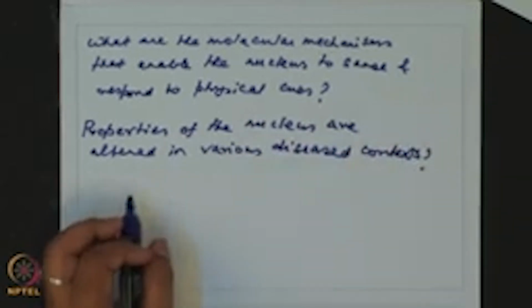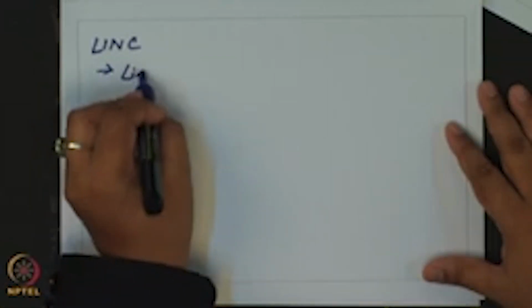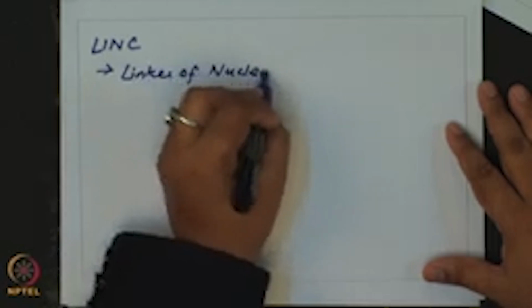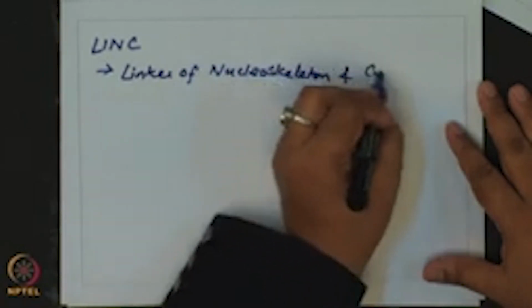In this regard, I would like to introduce this complex called LINC. LINC is the short form for linker of nucleoskeleton and cytoskeleton.